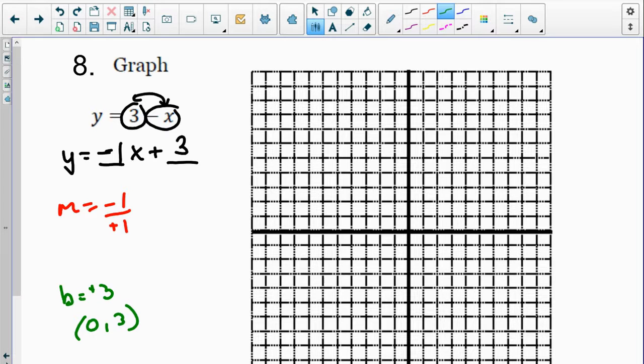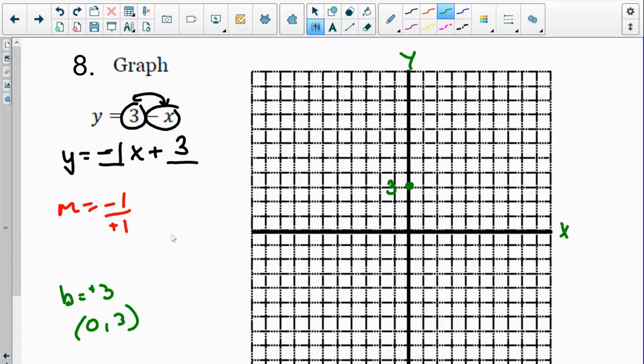So I want to start by plotting my y-intercept. Remember, you have an x-axis and a y-axis. So I always have to start on the y-axis, and this time I want to go to positive 3. So let's see, positive numbers are up. 1, 2, 3. I'll label it as well. There's my y-intercept. That's one point that I know has to be on this line that I'm graphing.